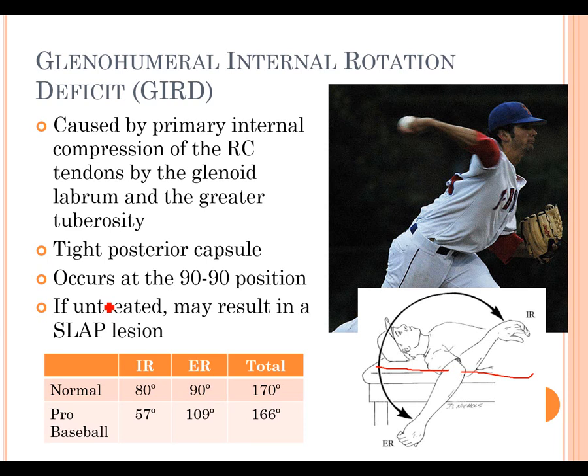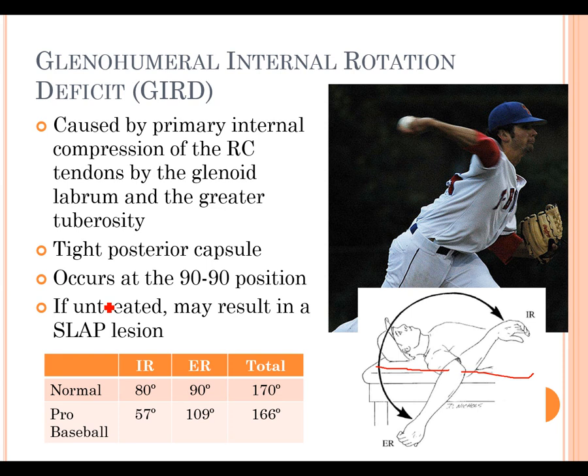So we try to deal with this, and a lot of people have put baseball pitchers on internal rotation stretching programs. What we have seen is something that's kind of a newer thought process, where a normal person will have 90 degrees of external rotation, 90 degrees of internal rotation for a total of 180 degrees.